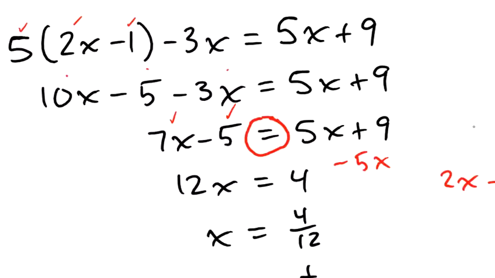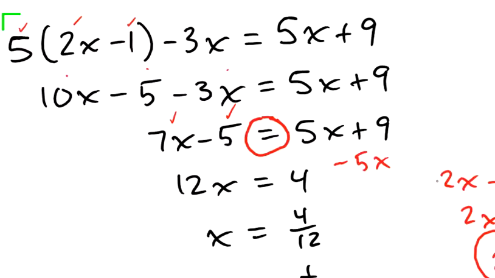I'm sorry, it would equal 9. And then, looks like I made even another mistake, because I should have added 5 to both sides now, and got 2x equals 9 plus 5 is 14. And then if I divide both sides by 2, I would have gotten that x is 7.